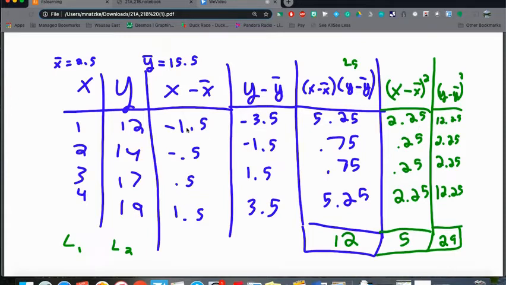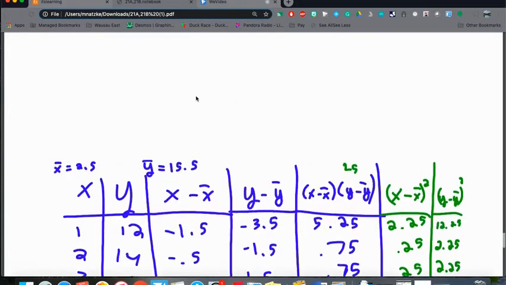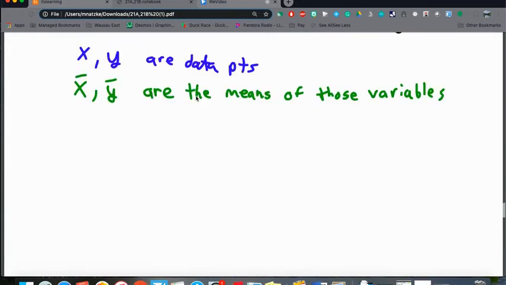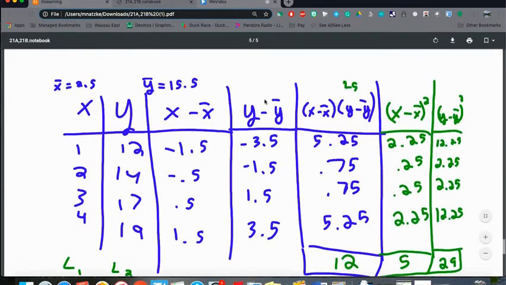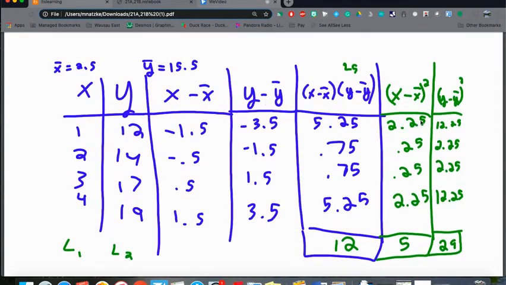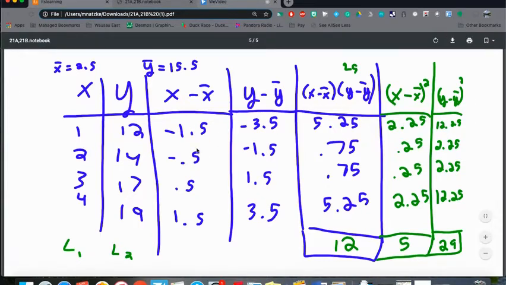Then for our denominator part, you have to take each x minus x bar and square them. So negative 1.5 squared is that, negative 0.5 squared, and then you do the same thing with the y's. Negative 3.5 squared is 12.25, negative 1.5 squared is 2.25.